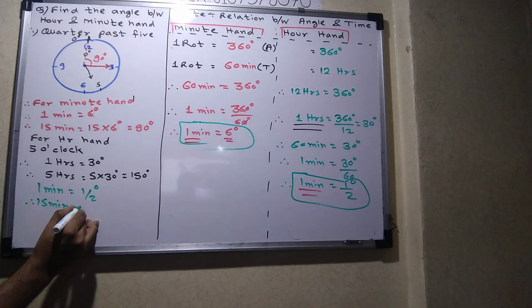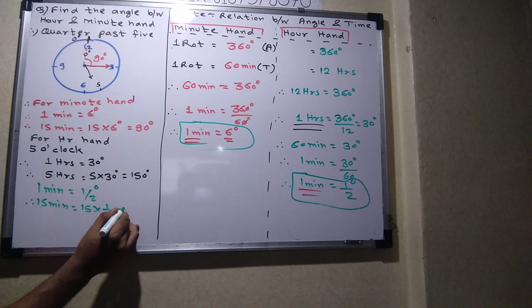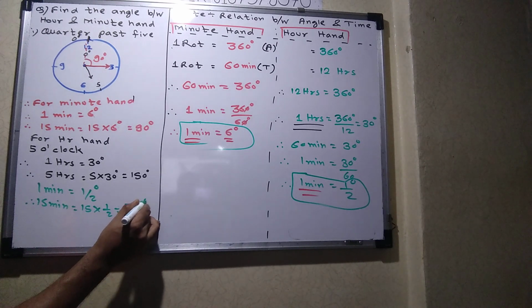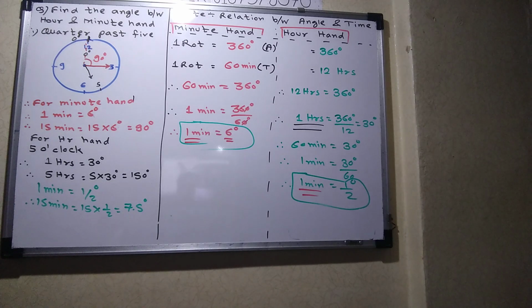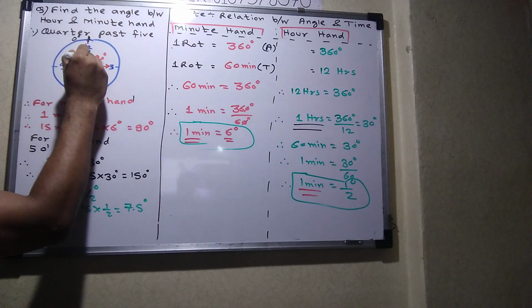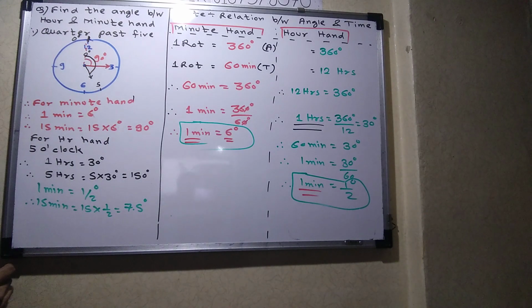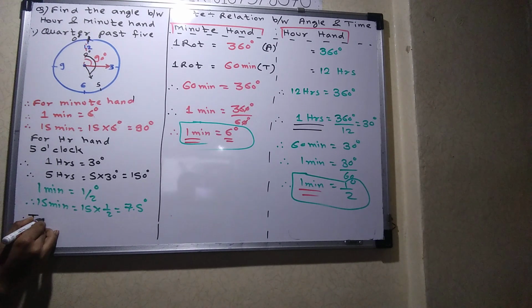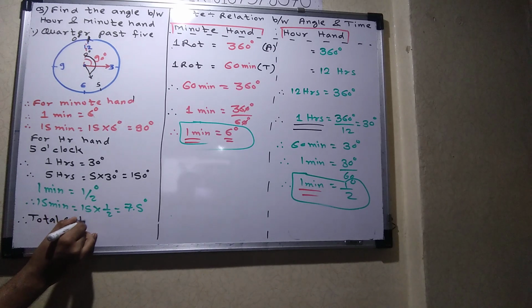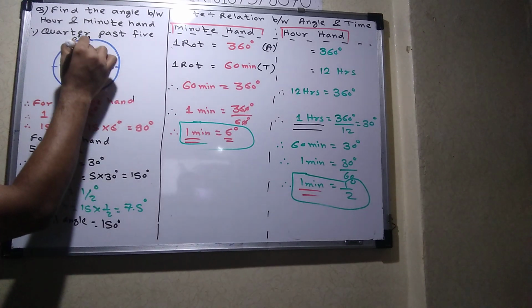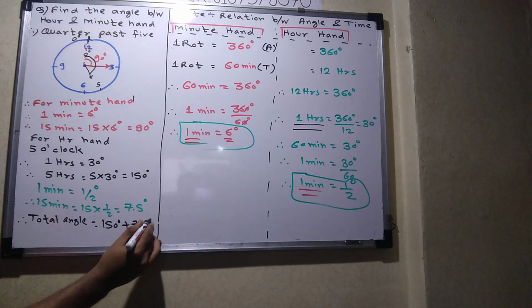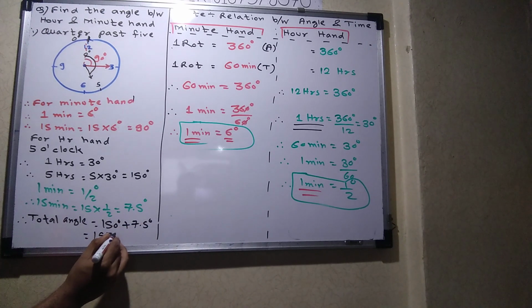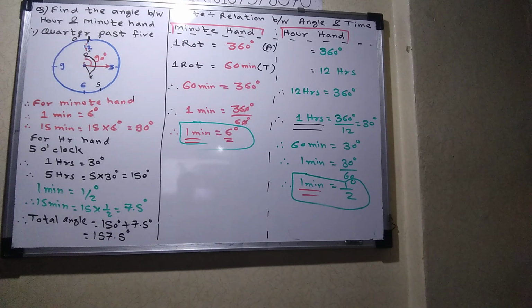So 15 minutes means 15 multiplied by 1/2, which is 7.5 degrees. So the total angle made by the hour hand from the 0 position is 150 degrees plus 7.5 degrees, which is 157.5 degrees.